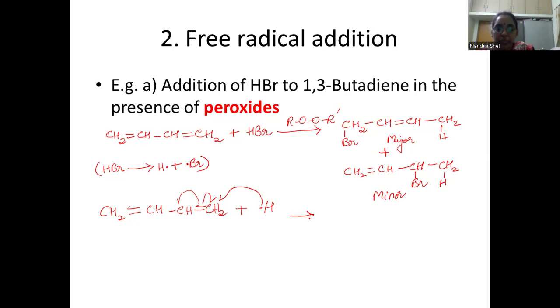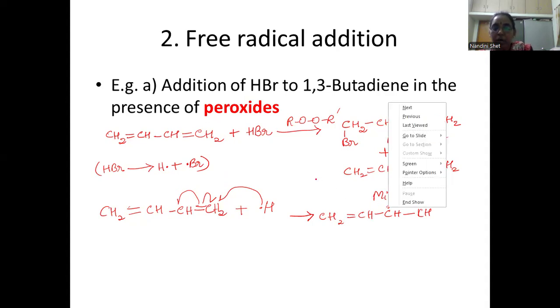So we get CH2 double bond CH, CH, CH. Now see here, since the homolytic fission had occurred, this carbon would have obtained a free radical.